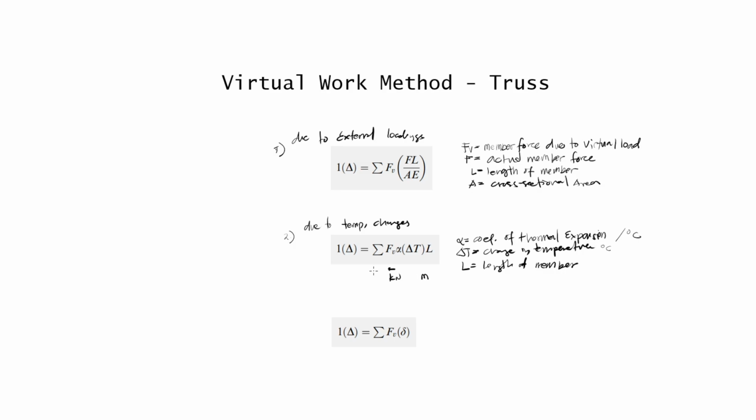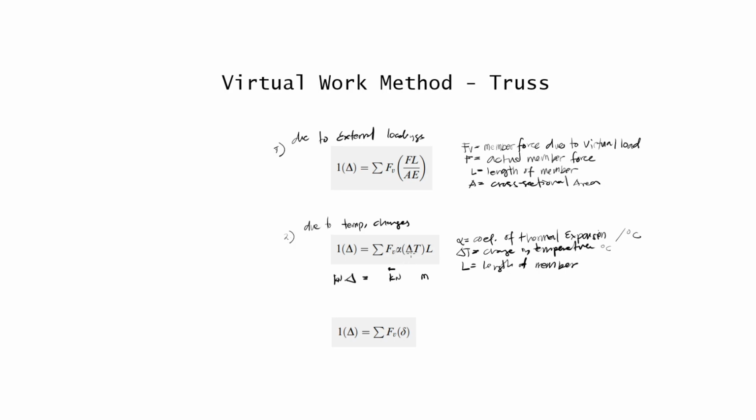Okay? So, ang magiging sagot natin dito, yung 1 unit load natin dito is naka kilonewton, SI unit, kilonewton. Yung delta is equal to, yung FV natin is in kilonewton.